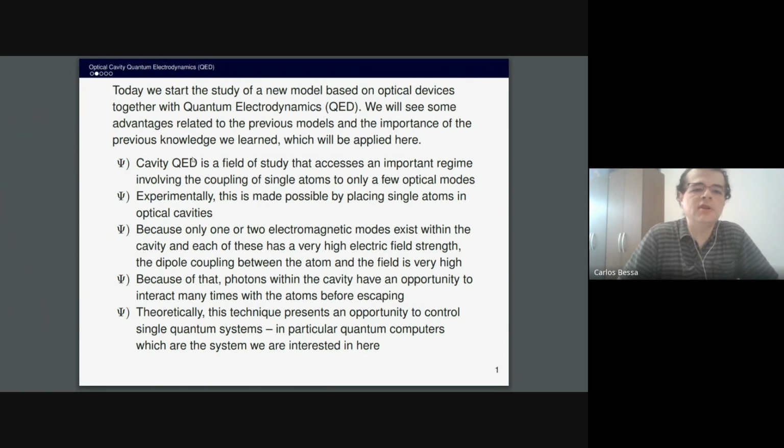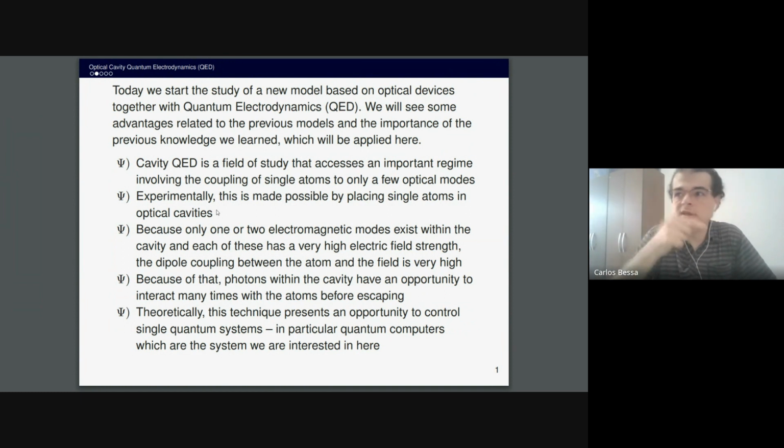So cavity quantum electrodynamics is a field of study that accesses an important regime involving the coupling of single atoms to only a few optical modes. Experimentally, this is made possible by placing single atoms in optical cavities. The cavity that we will study in the next lecture is called a Fabry-Perot cavity.